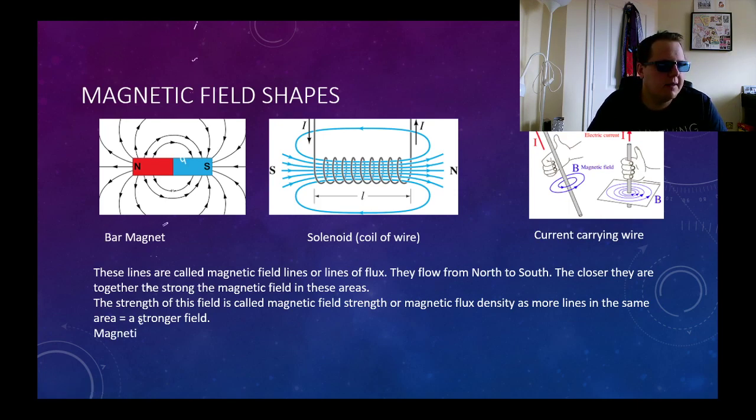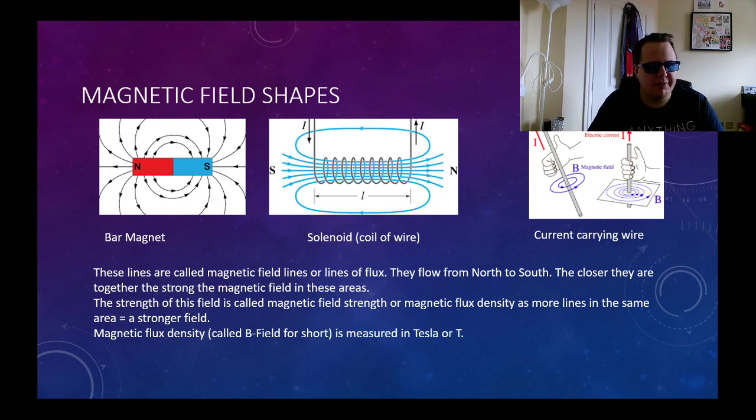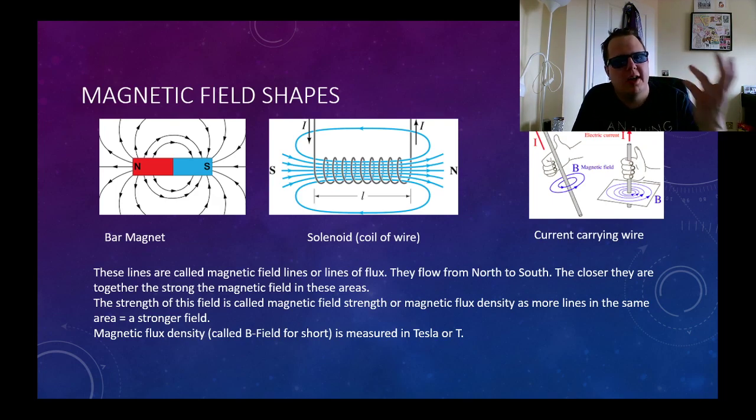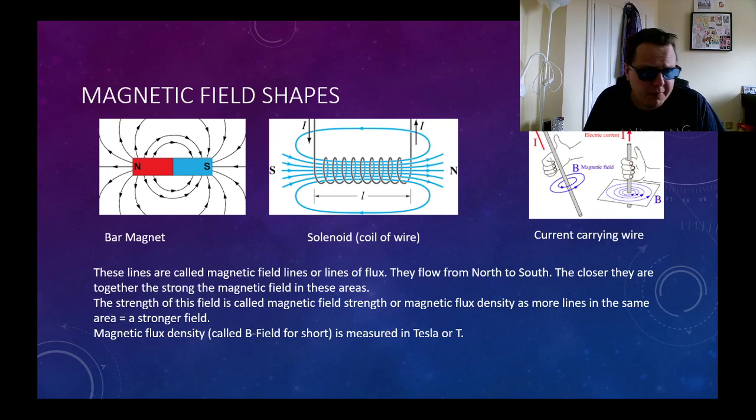We call it the B field for short. Like I said the other day, I don't know why it's called B; there is no rhyme or reason to it. It's just what they've gone for. We measure it in Tesla, after Nikola Tesla, who did quite a lot of work in this area, or shortened down, a capital T.